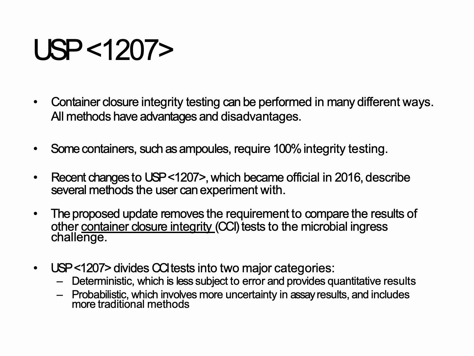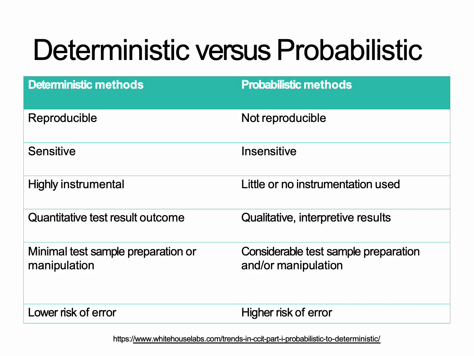They involve more uncertainty in assay results and include more traditional methods. That's because we may not necessarily be able to test two different products with exactly the same method. That's why we have the deterministic and probabilistic methods.